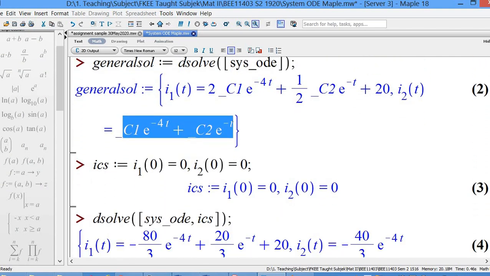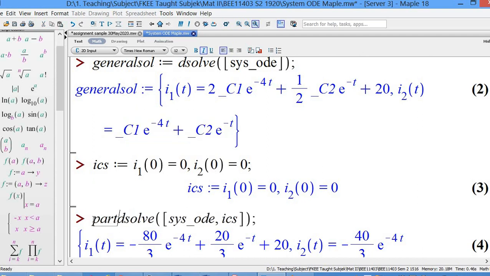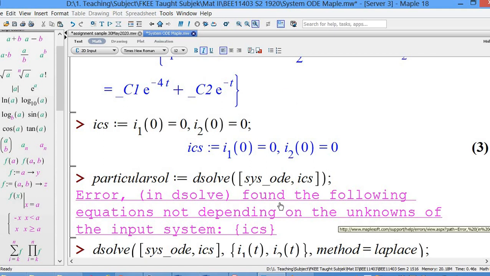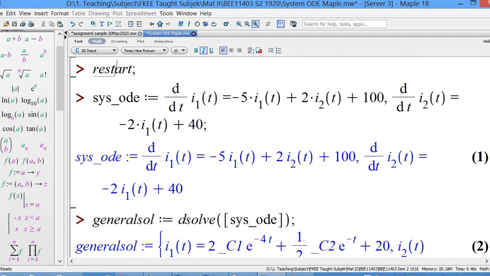If we plug in the initial conditions, where I call it ICS, I1 of 0 equal to 0, I2 of 0 equal to 0, you may get the particular solution. Call it equal. Restart.